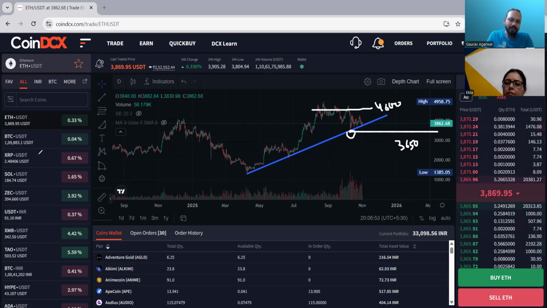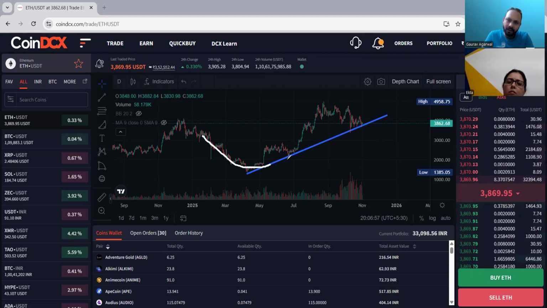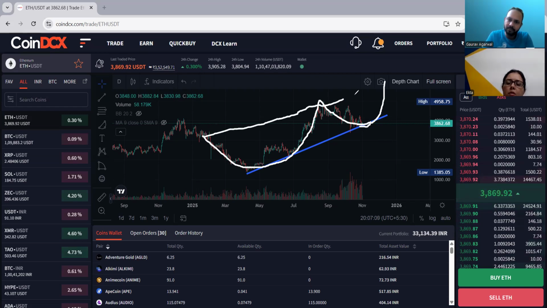Or maybe there is one more probability: it may be forming a kind of cup and handle on the trend line. It is not yet complete; half of it is. Once it is complete, it should go like this, and then it will give a breakout like this. So this is trying to form a cup and handle on the trend line, but that will still take some time.